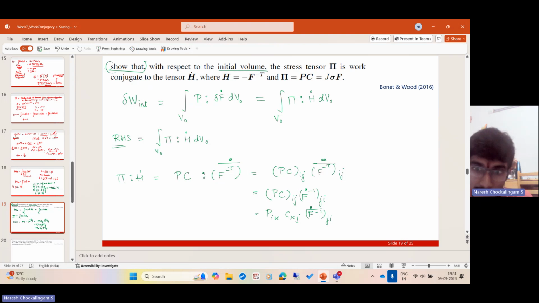But F inverse dot is what? It is LF. So this is Pik Ckj LF Ji.